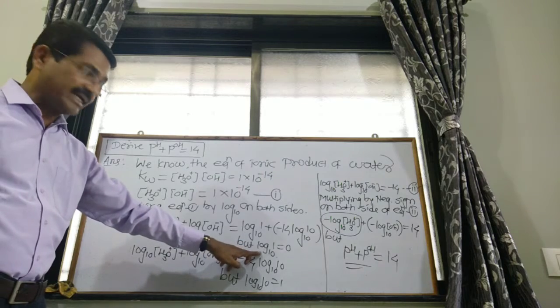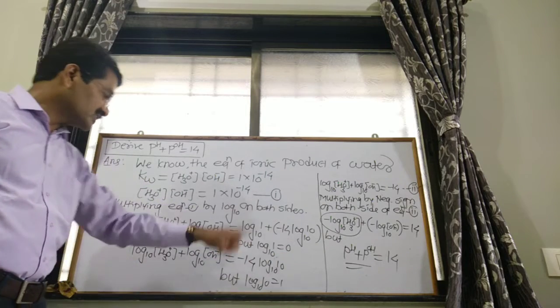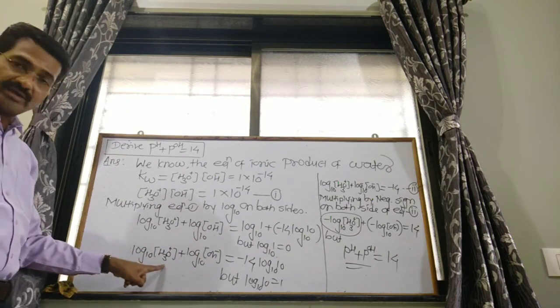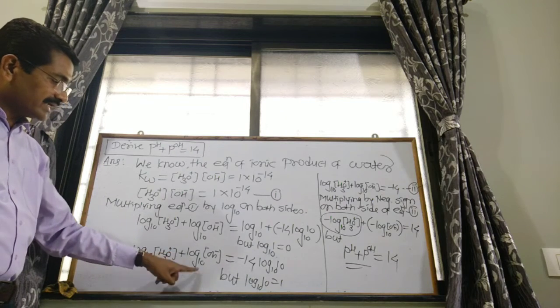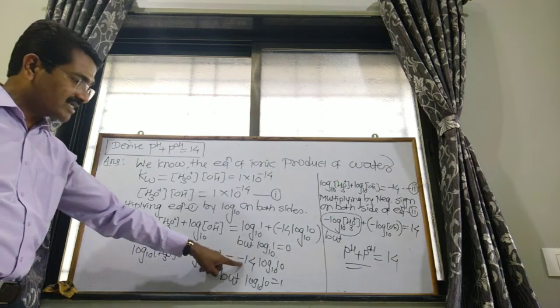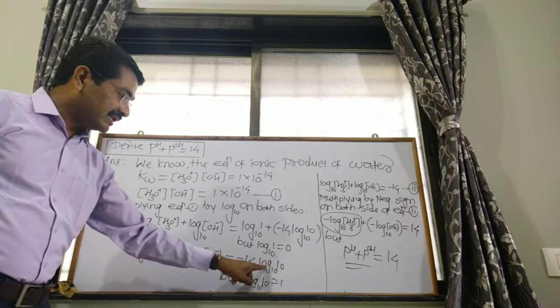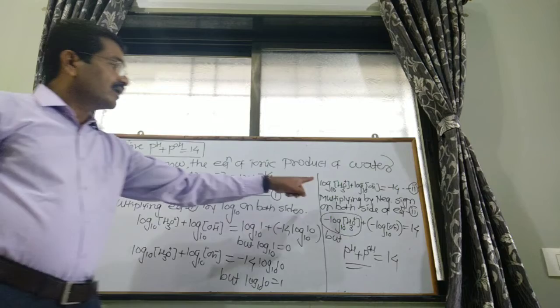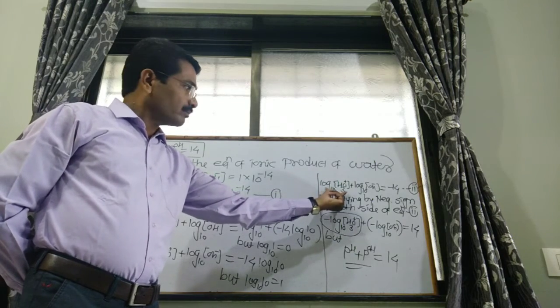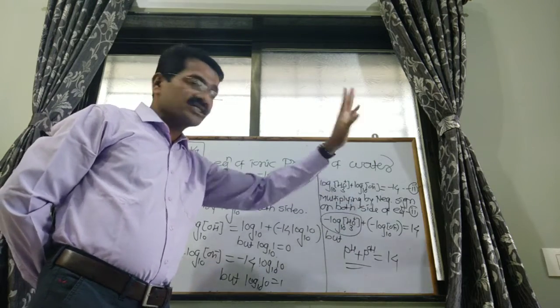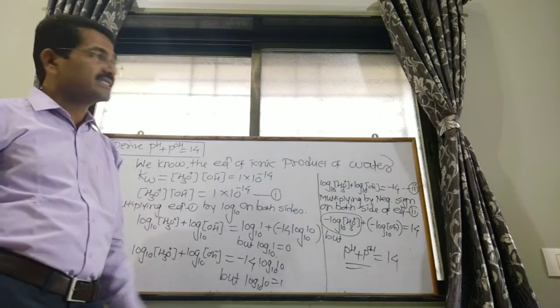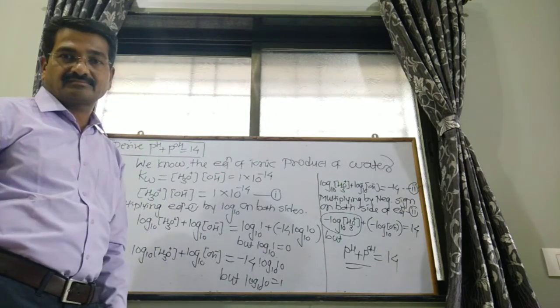Here log 10 of 1 is 0, and log to the base 10 of 10 is 1. We get log 10 hydronium ion plus log 10 hydroxyl ion is equal to minus 14. Put this as equation number second.